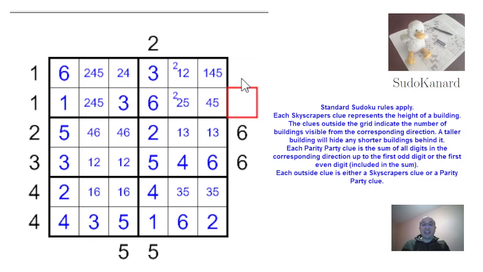Is there anything I haven't tried? 3 here? 3 here works, I think. Yes, that's 4. It needs to be a 5. Yes, that works.